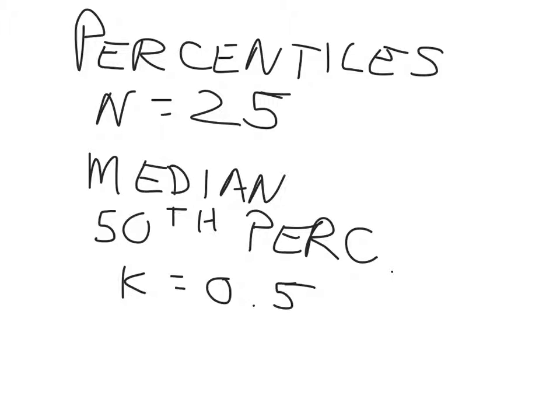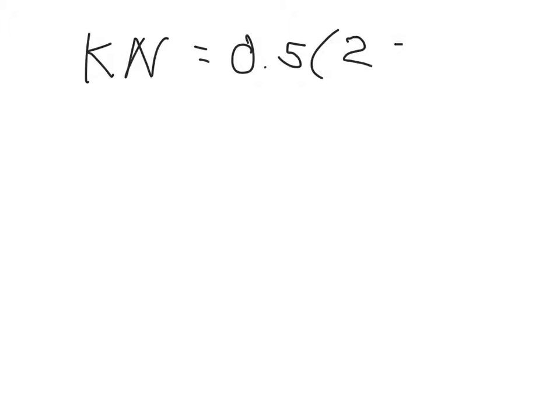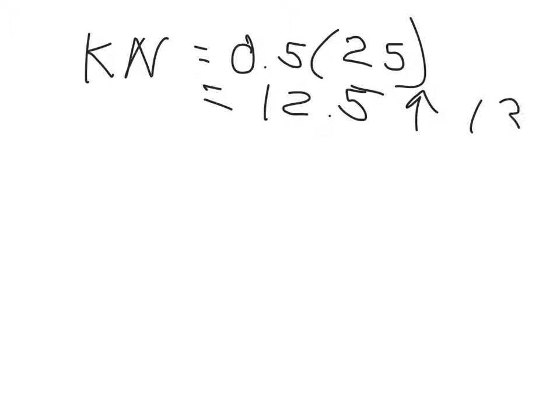All right, so let's put a nice clean slide up. We're going to take K times N, so that's going to be 0.5 times N of 25, and that's going to give us 12.5. 12.5 is a non-integer, so we're going to round up to 13.